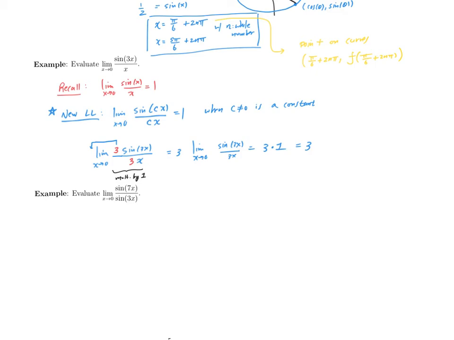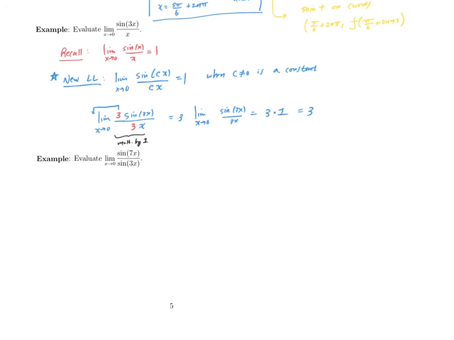Let's go ahead and use this same idea again to see if we can evaluate the limit as x approaches 0 of sine of 7x over sine of 3x. And what I want you to think about for a moment is, how do we have to modify this function to get back to the point where we can use this new limit law?